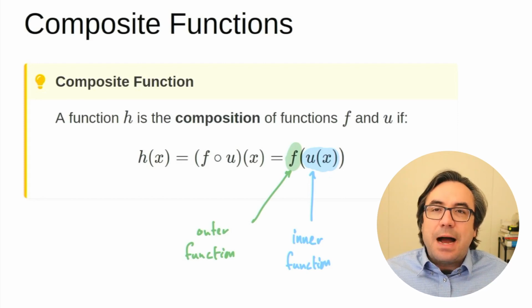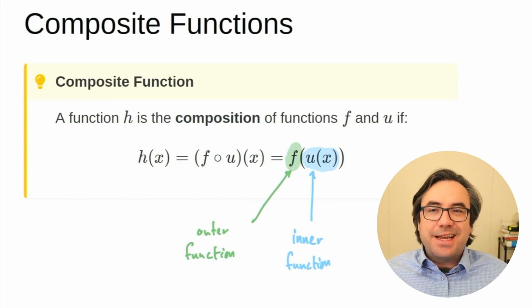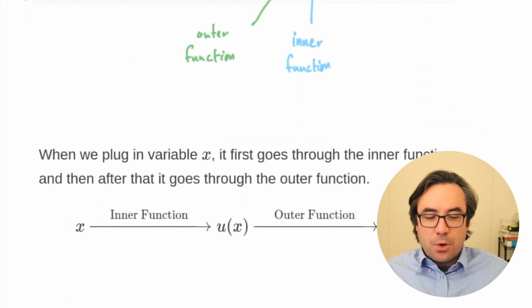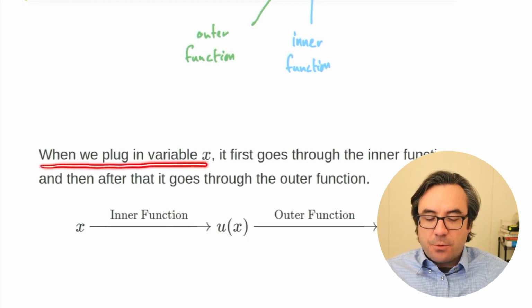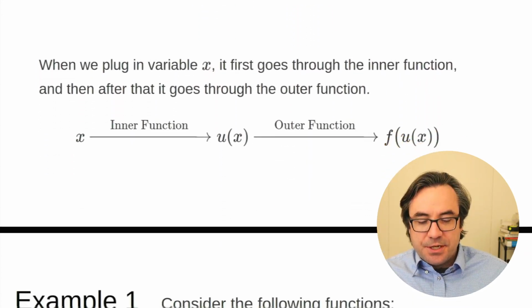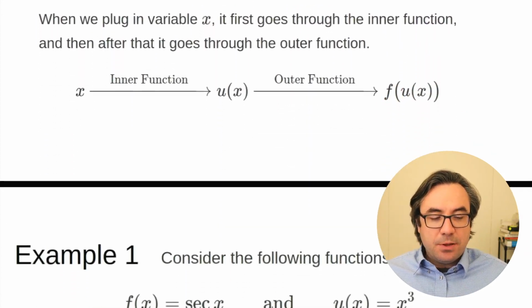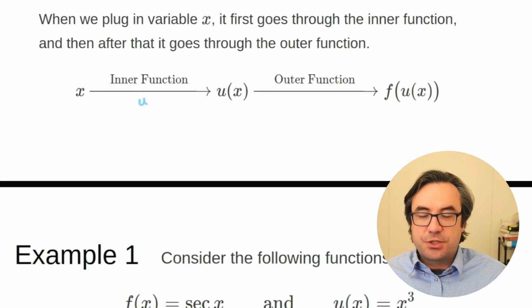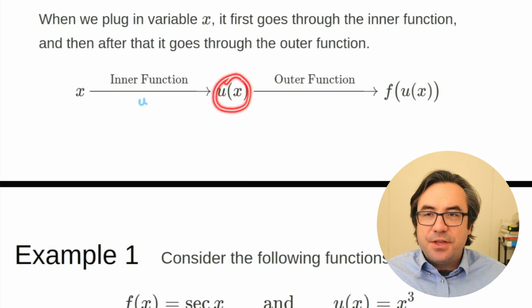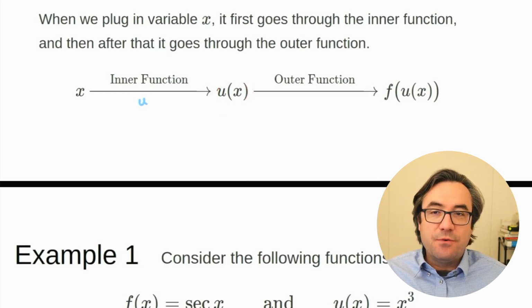So you want to think of composition almost like an assembly line. We start with our variable x as the input. And the way the assembly line works is we plug it into the inner function u first, and we get this output that we call u of x.